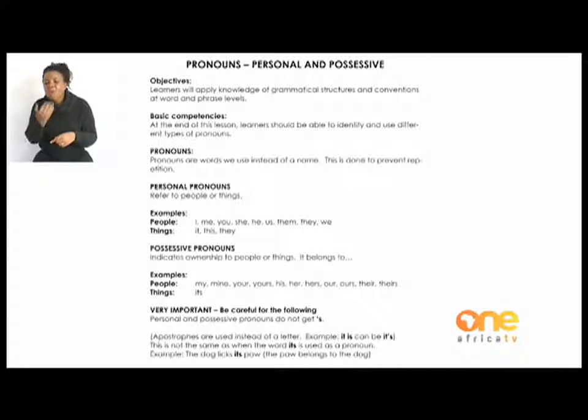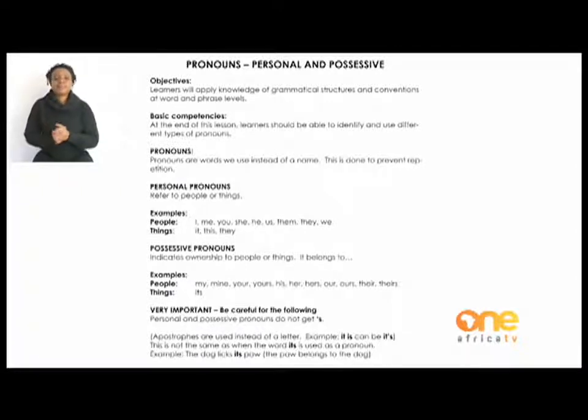Example, when we are referring to people, we use words like my, mine, your, yours, his, her, hers, our, ours, their, theirs. And when we are referring to things, we use its.